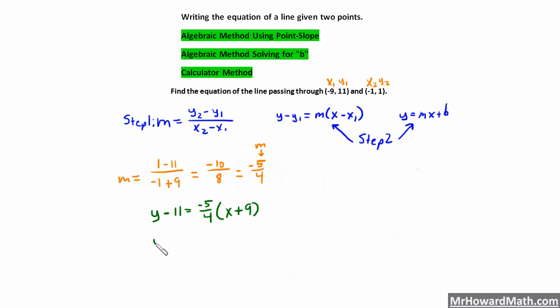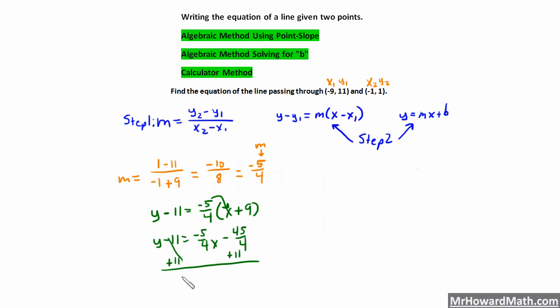All right, so we have y minus 11, distribute. So we have negative 5/4 x, distribute here. And then we have negative 45 over 4. Negative 5/4 times 9 is negative 45 over 4. All right, and then we'll add 11. Add 11 here.